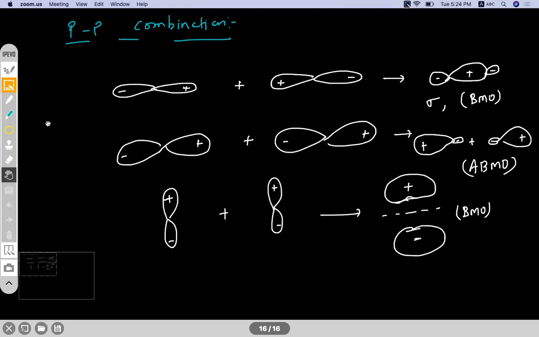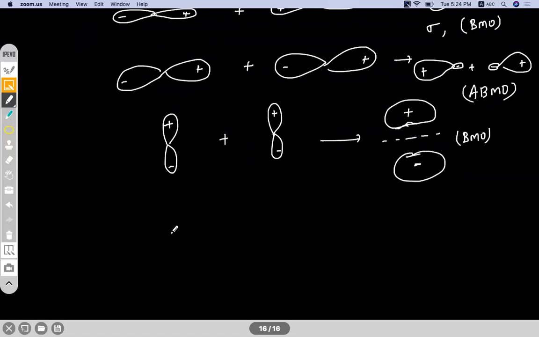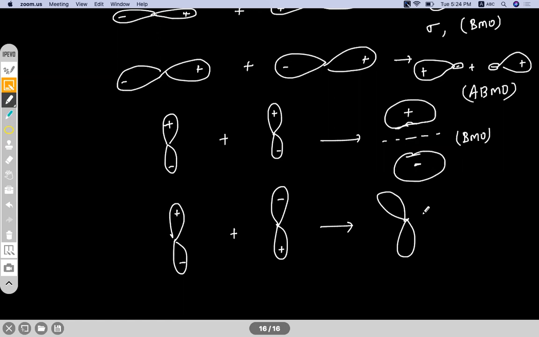When plus combines with negative, okay, plus, minus, minus, plus, this is the nodal plane.